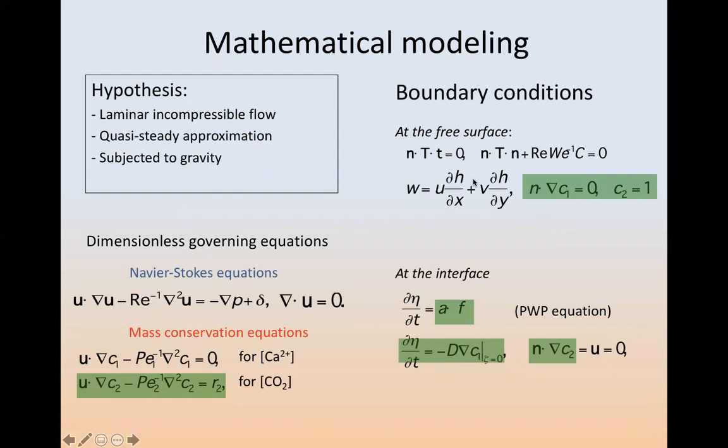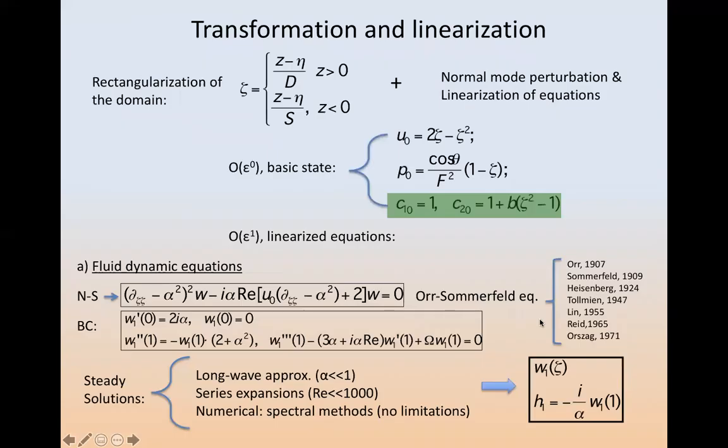Again, the same condition for the free surface, different boundary conditions for C1 and C2, and of course a different evolution equation of the interface, in this case the PWP. But the approach and the mathematics are very similar, again the same techniques, and of course, again, the Orr-Sommerfeld problem, so this part is the same.